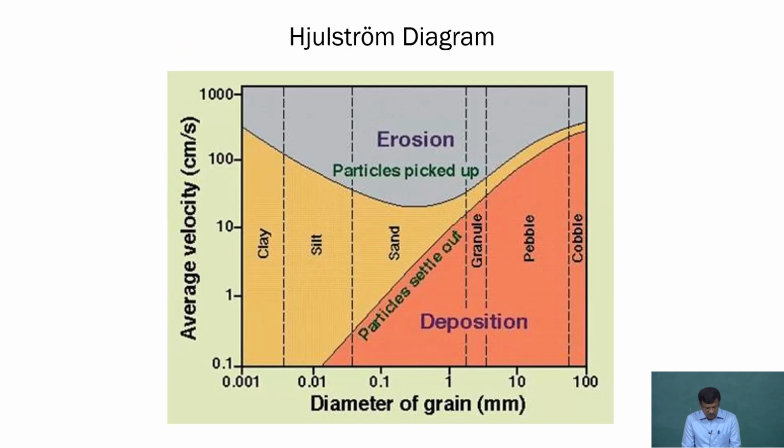A simple graph, directly borrowed from the internet, shows the diameter of grain size, or the sediment size, against the average flow velocity. Average flow velocity either from waves or the tide induced current, either way we can take it. The larger the size of the sediment, gravity is acting on it, so it is making a deposition, and flow velocity being larger means driving force intensity is very large.